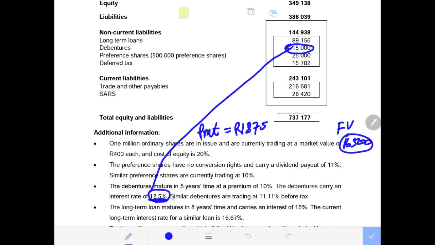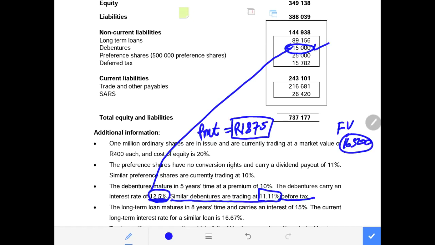It says now similar debentures are trading at 11.11%, and this is before tax. Take note, remember, a payment of this amount, the 1,875, is more of an interest, because we as a company borrowed money from the debenture holders in the form of a debenture, and that money was 15,000.